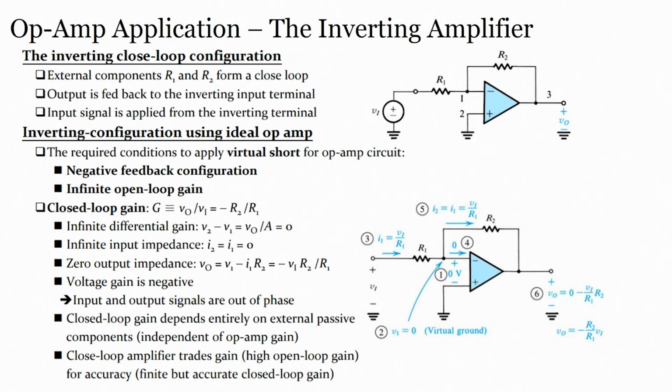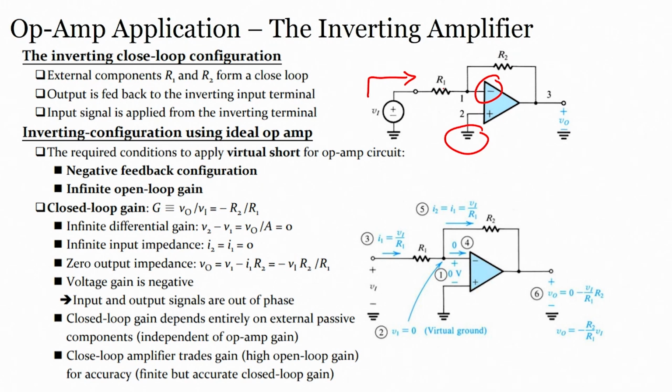If you see the inverting amplifier, the input is given to the inverting terminal, and the non-inverting terminal is grounded. Assume there is an R1, and a feedback resistor R2.